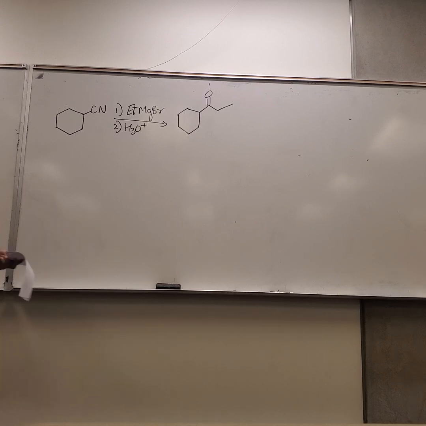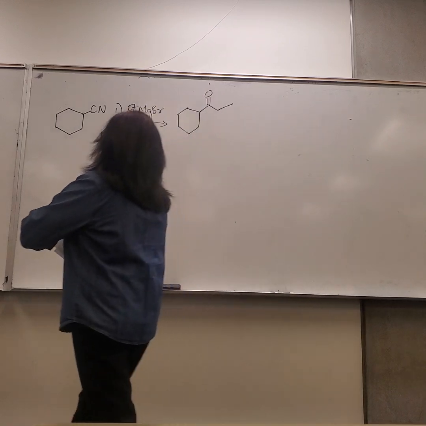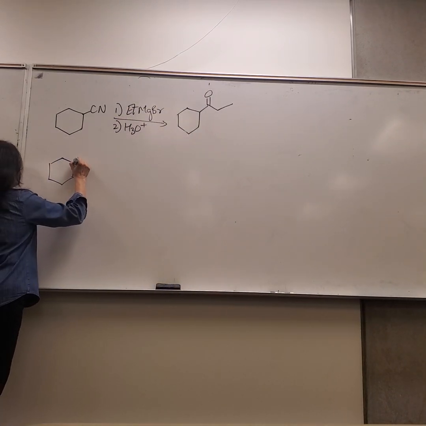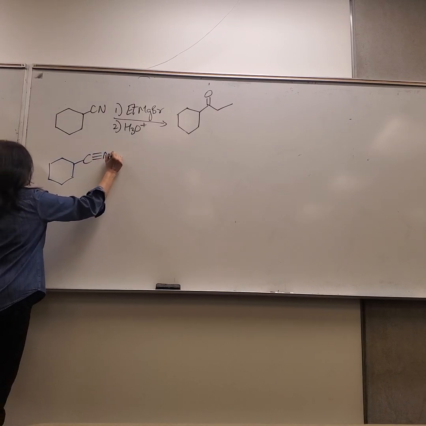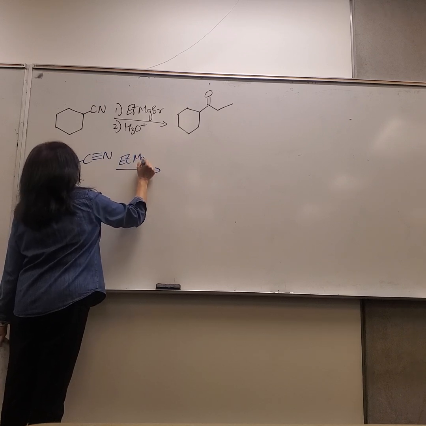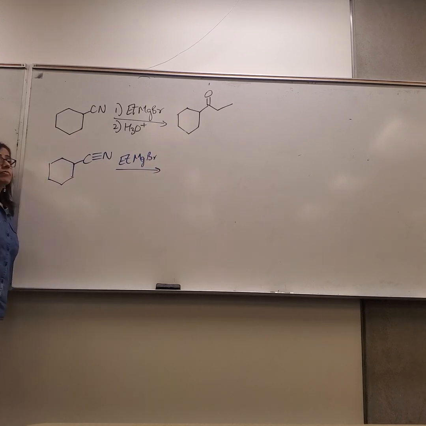Let's see how that is happening step by step. What do you think will be the first step? The Grignard, because there's no acid. Where would the Grignard attack?